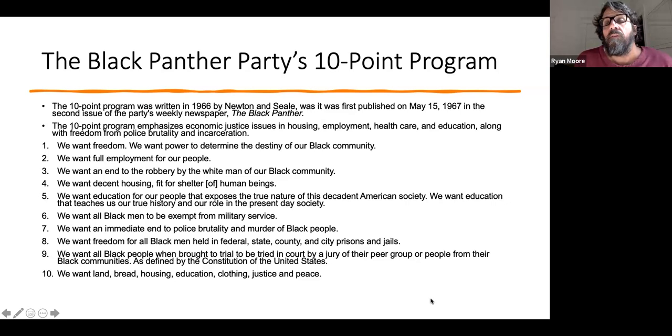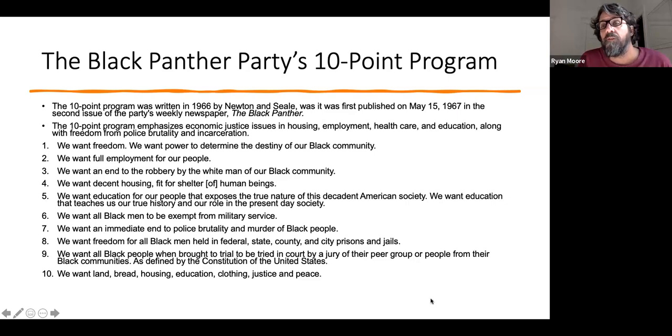Bobby Seale and Huey Newton, in the meantime, draw up a 10-point program to explain what the Black Panthers are all about, what their demands are, and what they want. You look at this 10-point program and see that it emphasizes a lot of economic justice issues, not just things about the police and mass incarceration, but also economic issues around housing, employment, healthcare, and education.